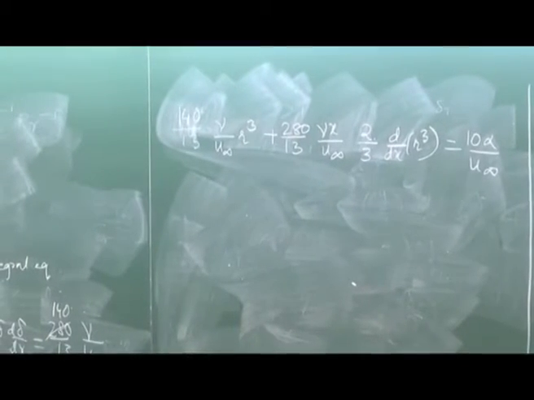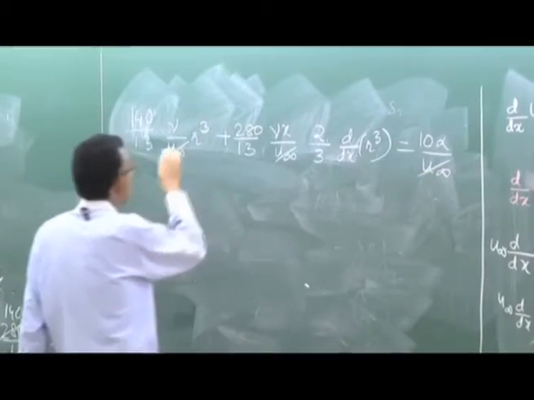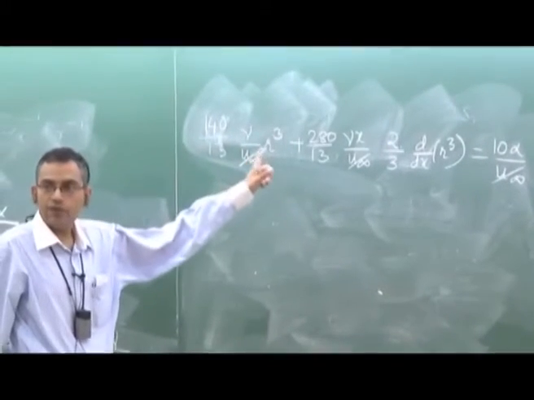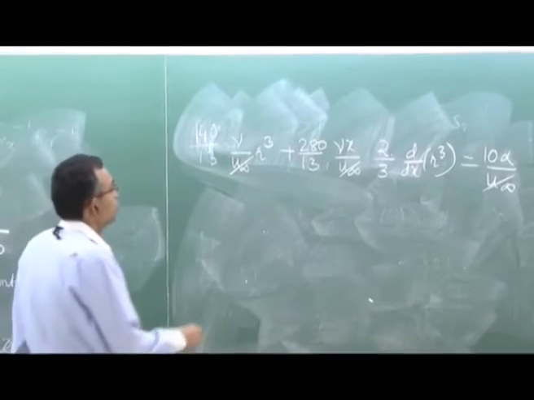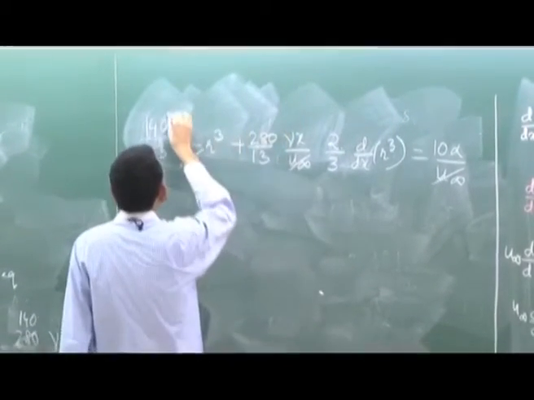Okay. So u infinity gets cancelled from all sides. If you take the nu in the right hand side, alpha by nu becomes 1 by Prandtl number. So we can write, okay, before that we can possibly simplify a little bit.